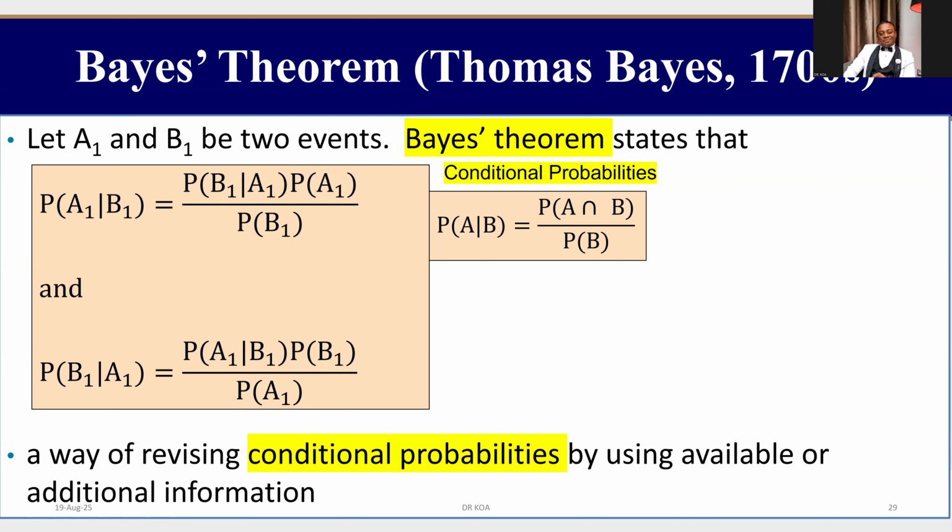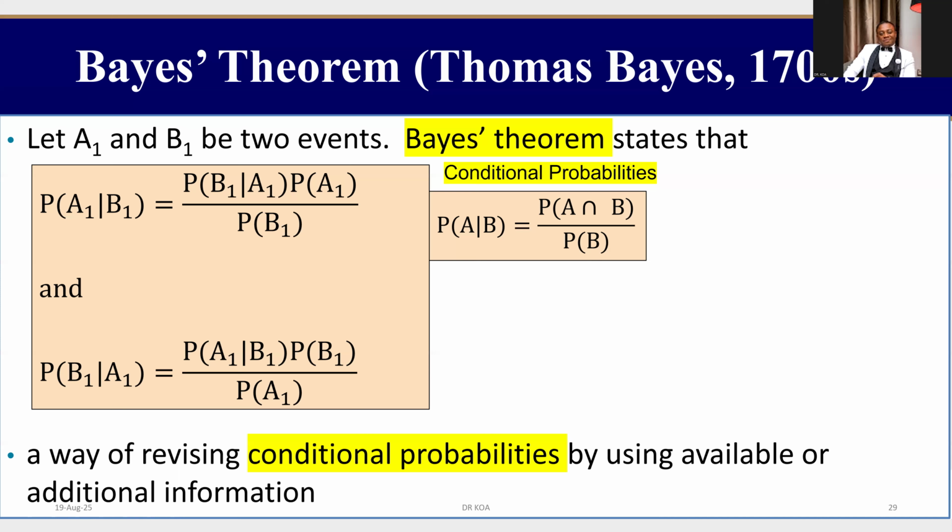But here we can do something interesting. Watch it carefully. We can swap B and A. So wherever we see A, we put in B, and wherever we see B, we put in A. You can do that.